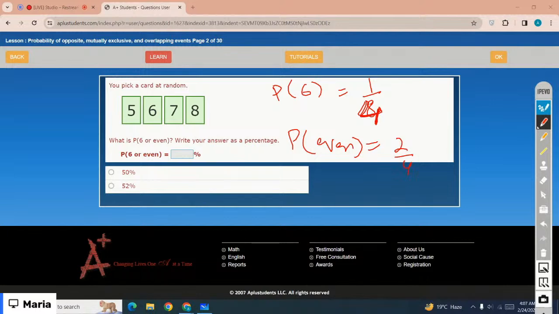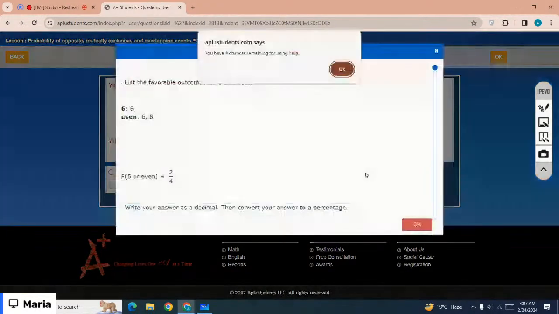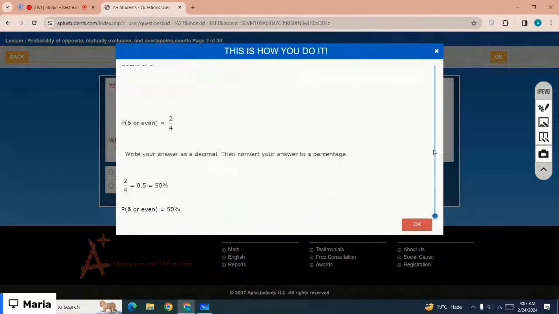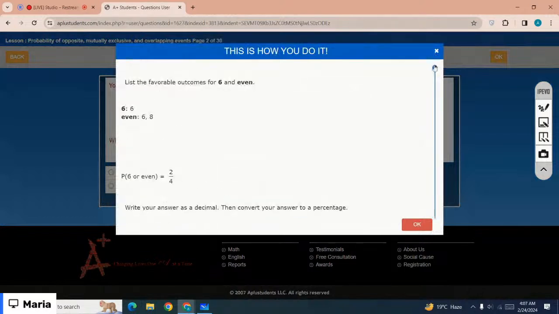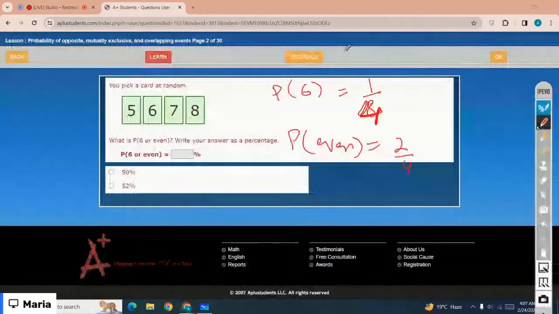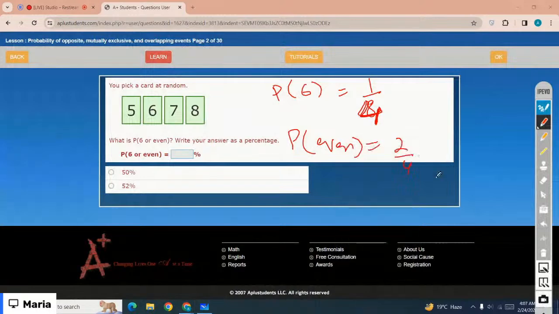But that's overlapping because 6 is also an even number. So you just have to calculate the probability of even. The probability is the same, 2 over 4, because 6 is an even number also.